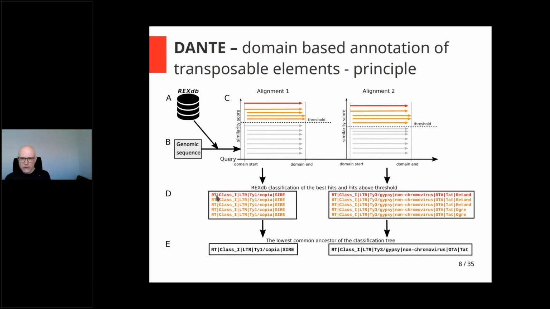And at the end, we evaluate the hierarchical classification of these hits, and you end up either with a clear annotation, when we can annotate a region and a protein domain into a specific lineage, or, in case we find some conflicts in the annotations of the best hits, the lowest common ancestor is used for classification.